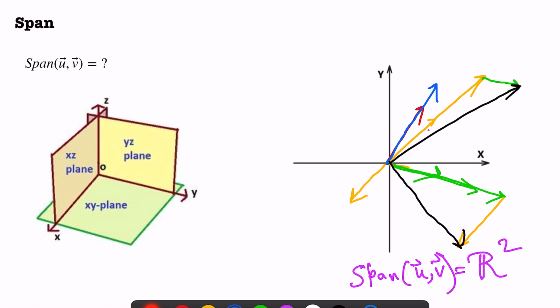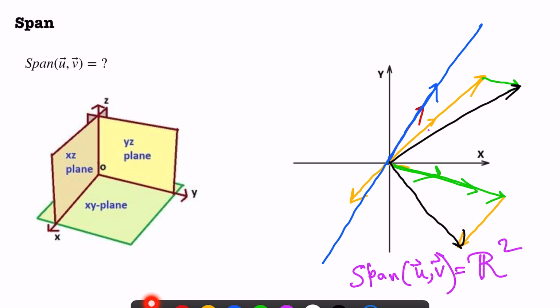So if we just take the scalar multiplication of these two vectors and add them up to get some linear combination, then the linear combination also will fall on this line only. So in that case, the span of these two vectors will be just a line. But in other cases, if we just take two vectors randomly on this xy plane, the span of those two vectors will be the two-dimensional plane.